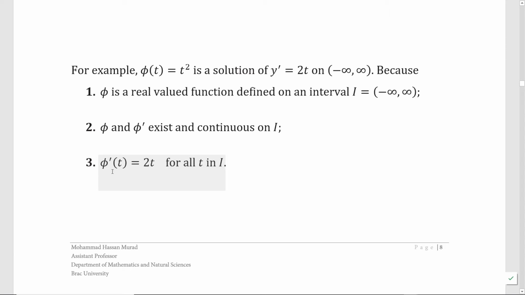If we substitute phi prime in the equation here, we get 2t equals 2t, which is true for all values of t in that interval. Hence, by definition, phi of t equals t squared is a solution of this differential equation, y prime equals 2t.